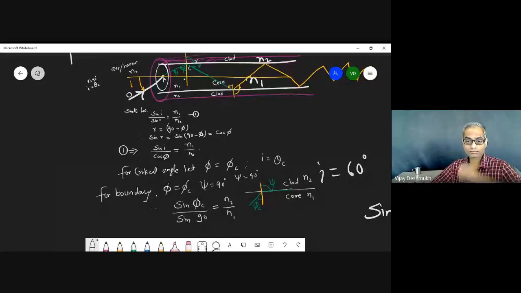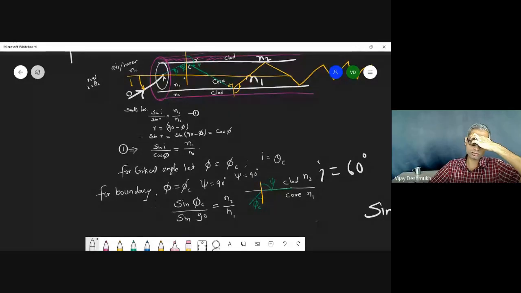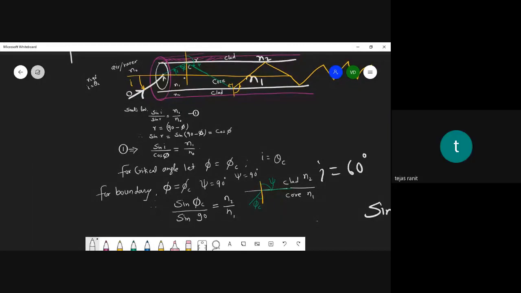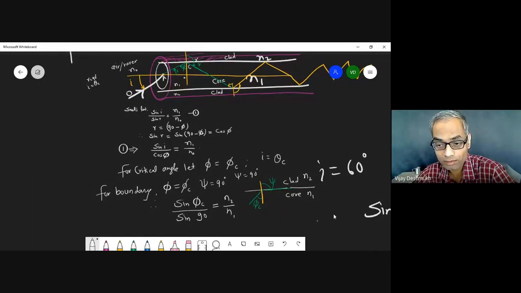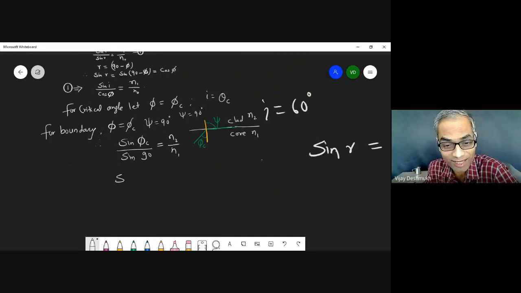Yes, sir. यहाँ तक की कोई डाउट? No, sir. Now what is sine 90? This is the simplest. So sine 90 is 1 and therefore sine phi c equal to n2 upon n1. Equation 2. ठीक है? Clear?